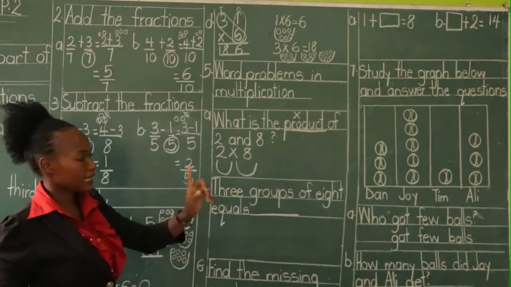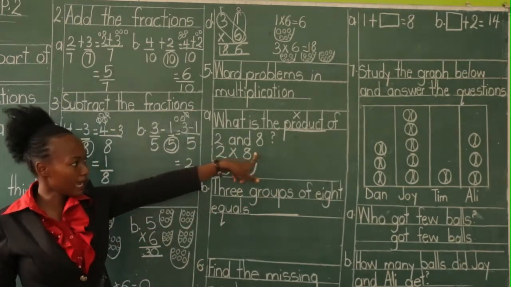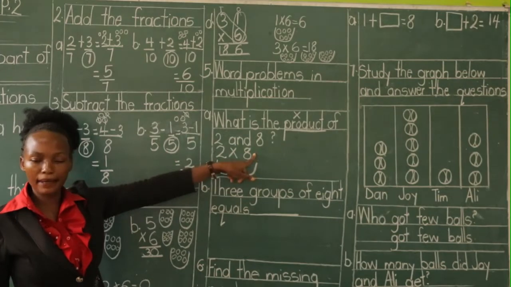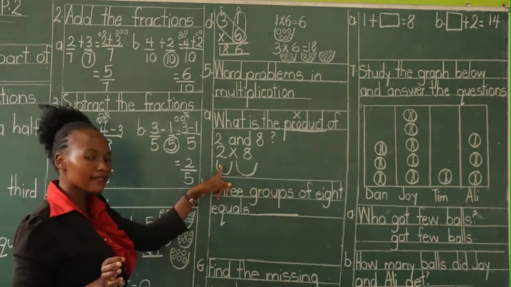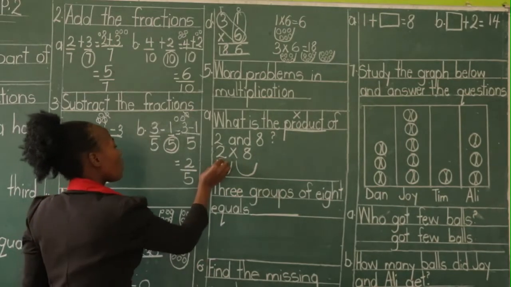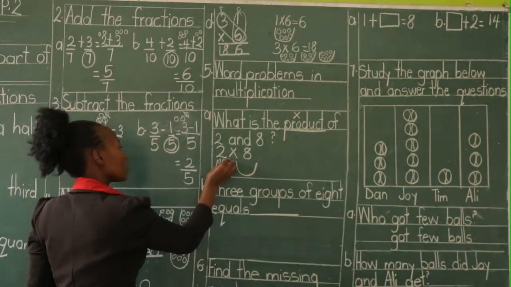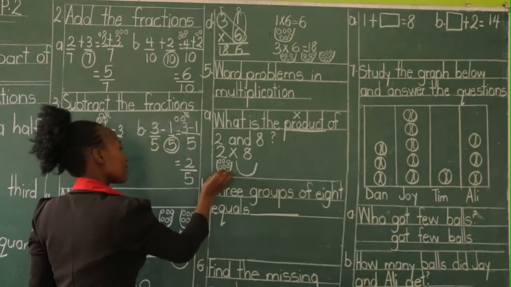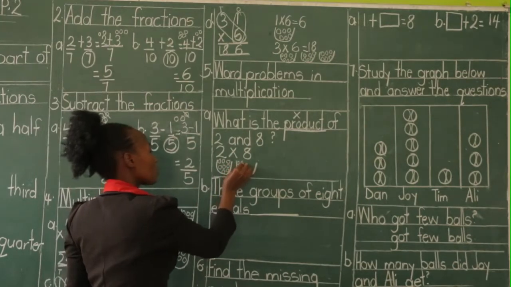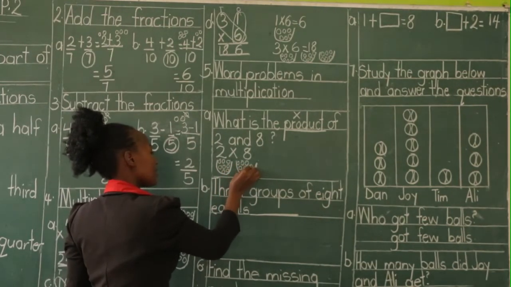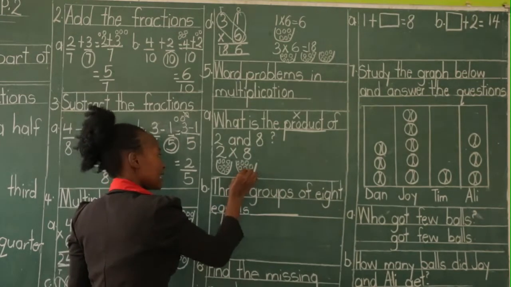Each group is going to contain 8: 1, 2, 3, 4, 5, 6, 7, 8, and again 1 to 8.